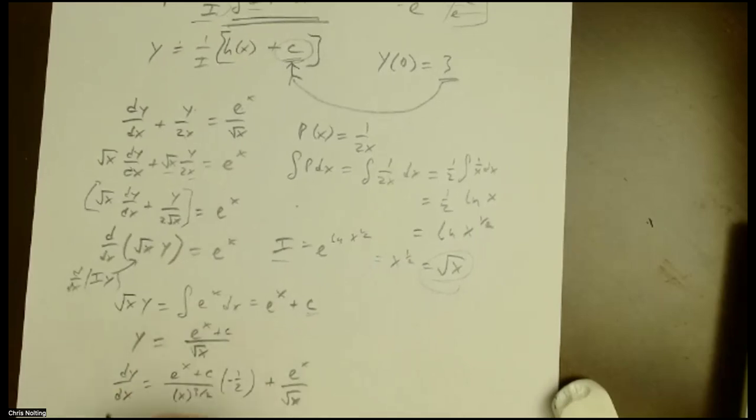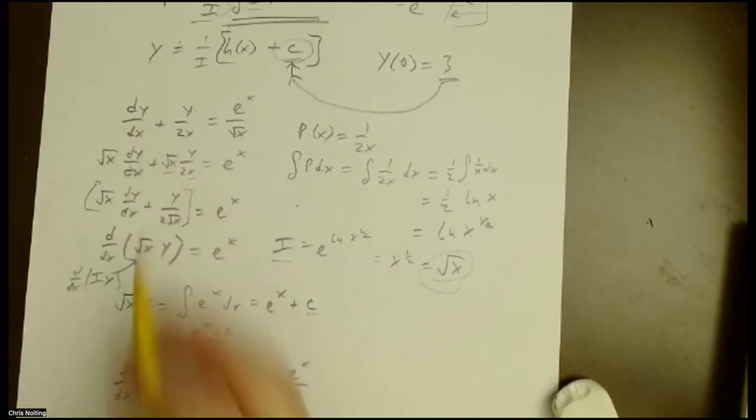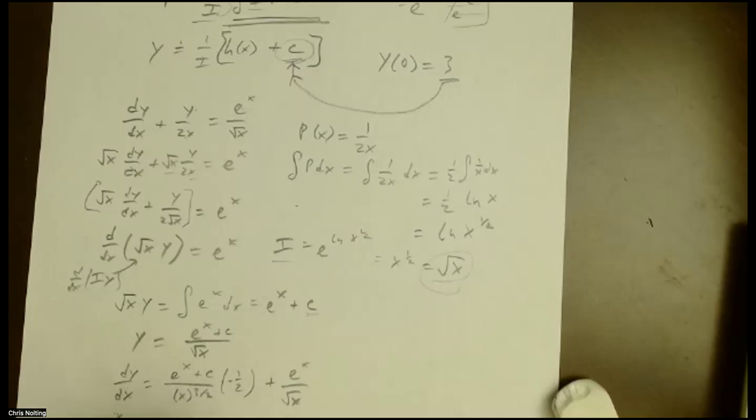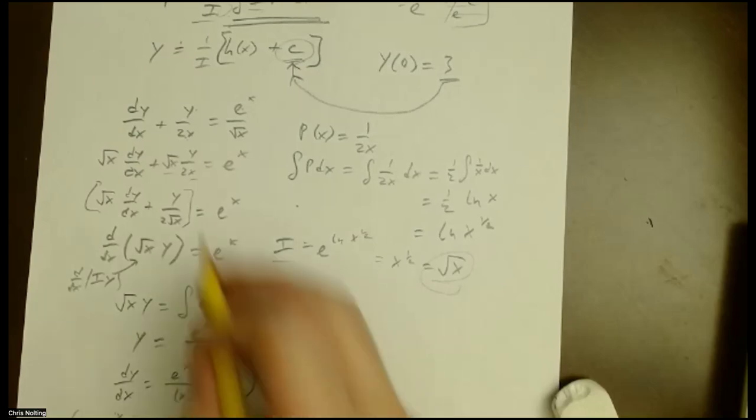So we have e to the x plus c over x to the 3 halves, times minus 1/2, plus e to the x over root x. That's our dy/dx.